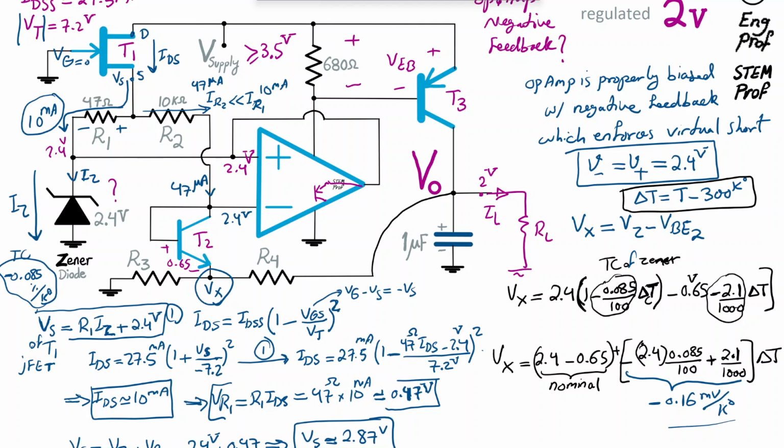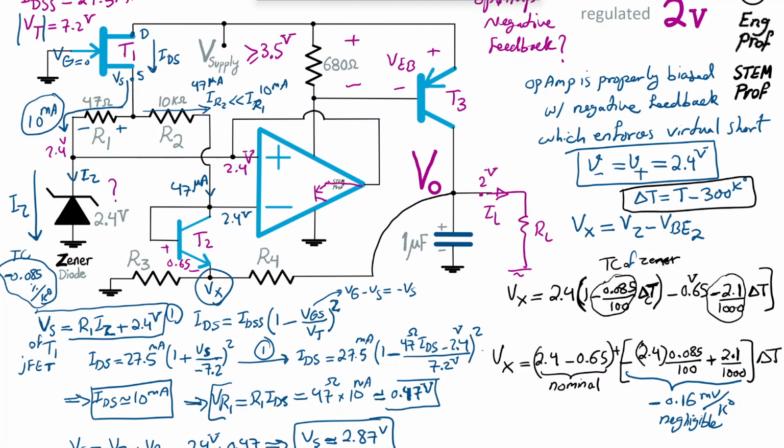So that is more than 10 times less than the inherent negative 2.1 millivolt per degree C drop for the base emitter of T2. From the standpoint of practical design, it can be assumed to be nearly zero, negligible. So I'm going to say this is very negligible now.